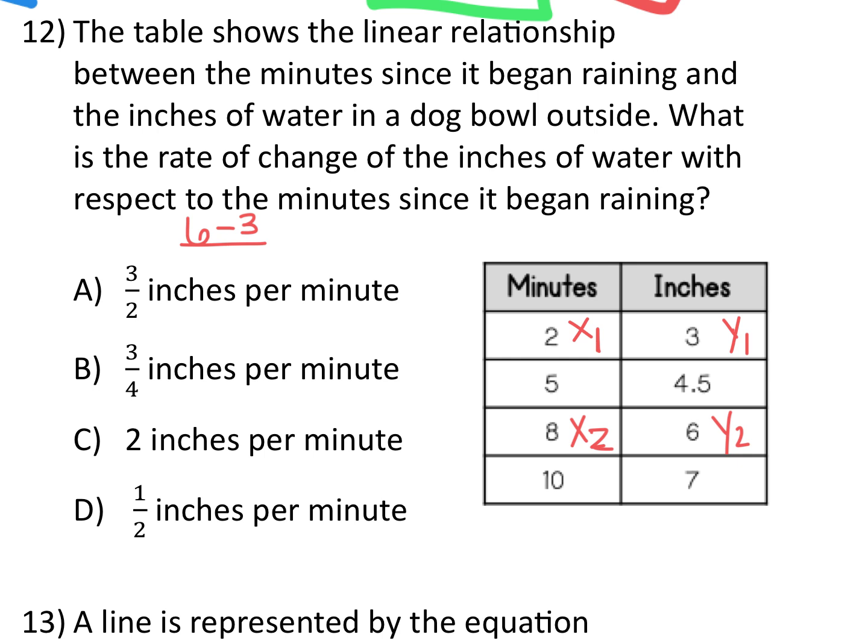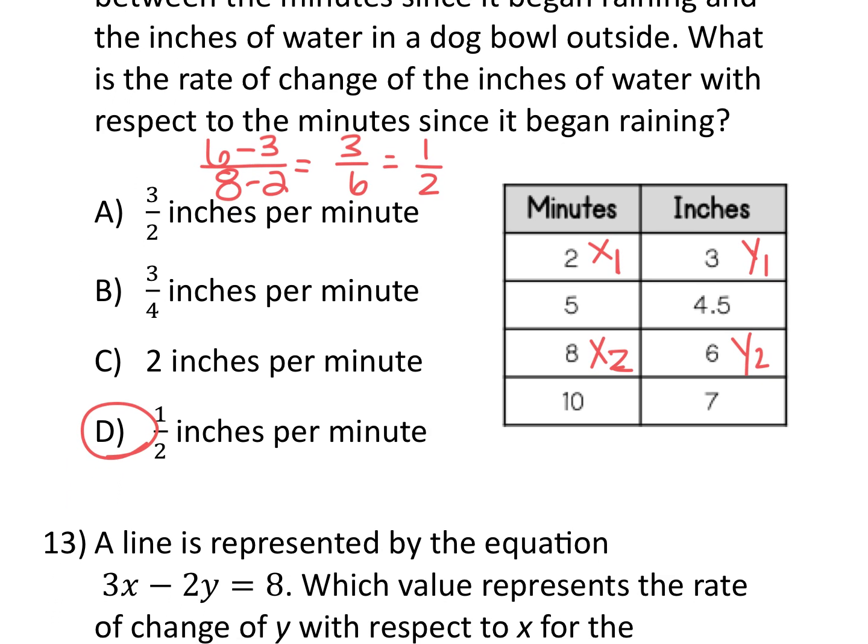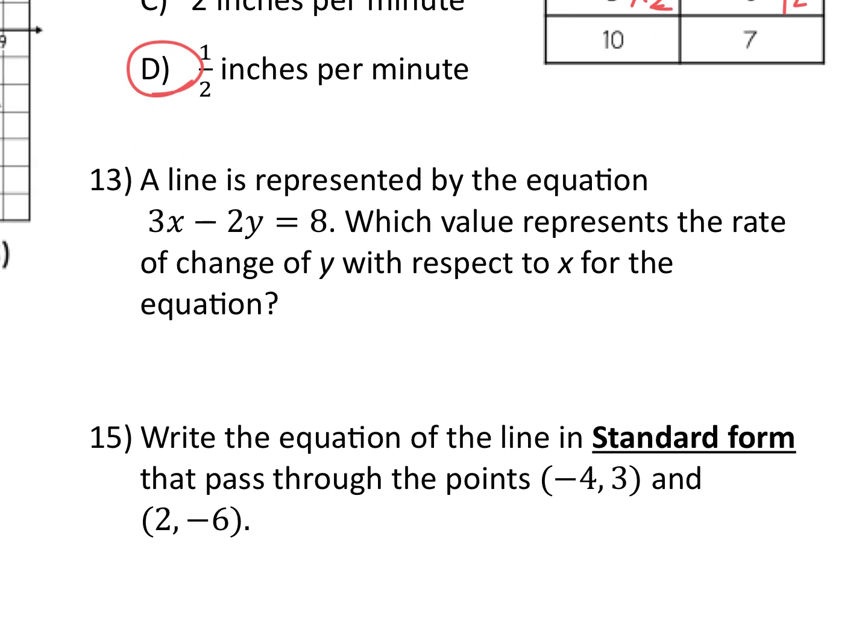So 6 minus 3 over 8 minus 2, so 3 over 6 is 1/2. If you did it in list and spreadsheets, it would give you 0.5. So make sure you can comfortably change a fraction into a decimal.